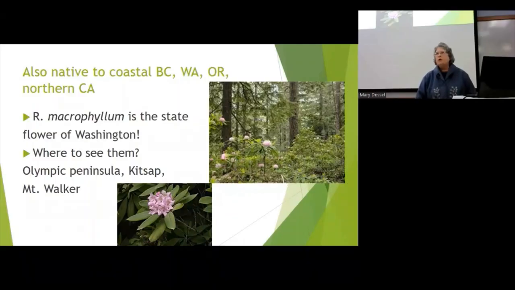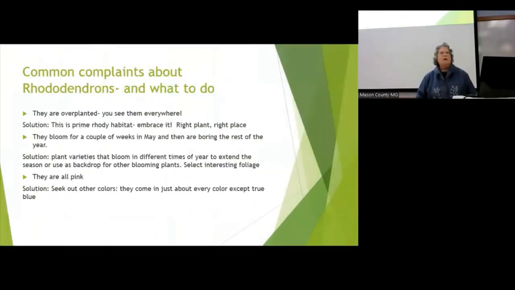If you happen to be there, usually late April, early May, that's when they're mostly in bloom. It's really spectacular. Also, if you happen to be driving between Shelton and Bremerton around that same time period, there are a lot of native rhododendrons right by the roadside. So it's a great spot to see them right here in our backyard, so to speak.